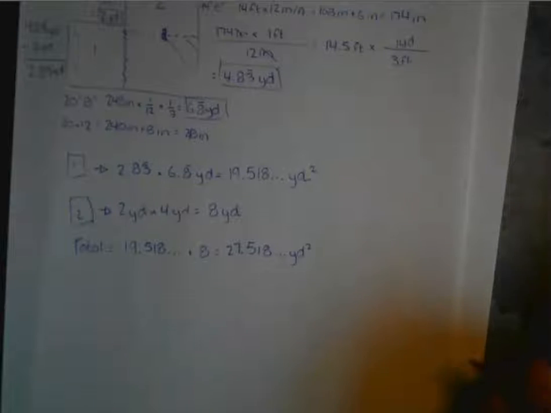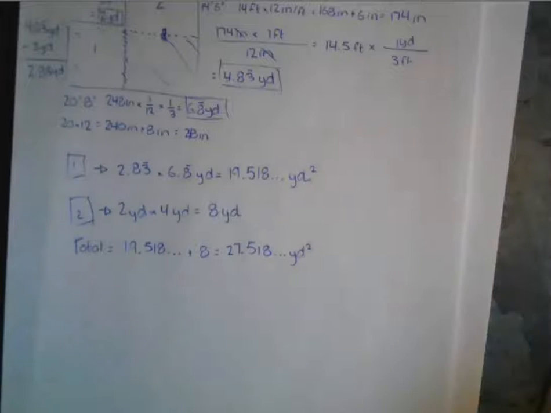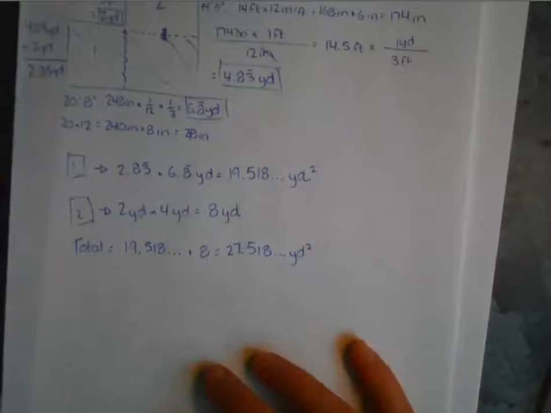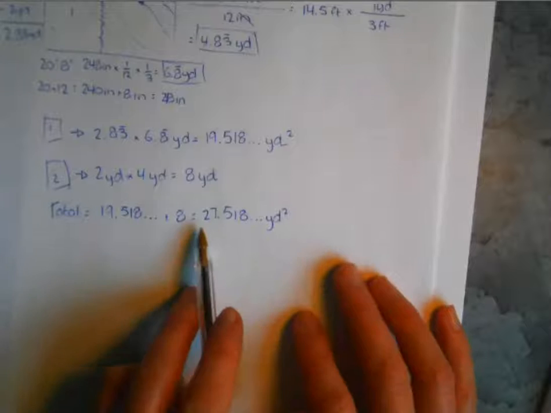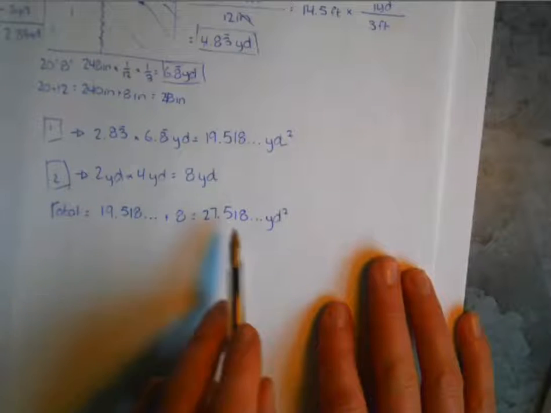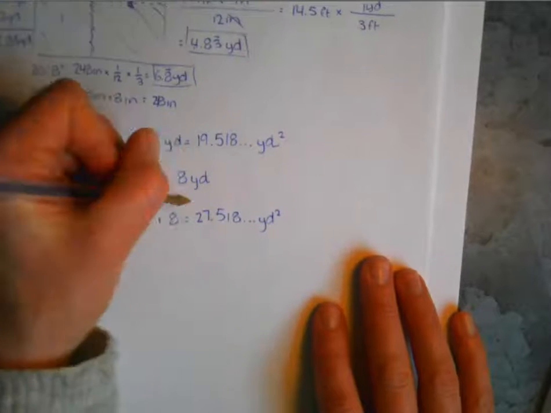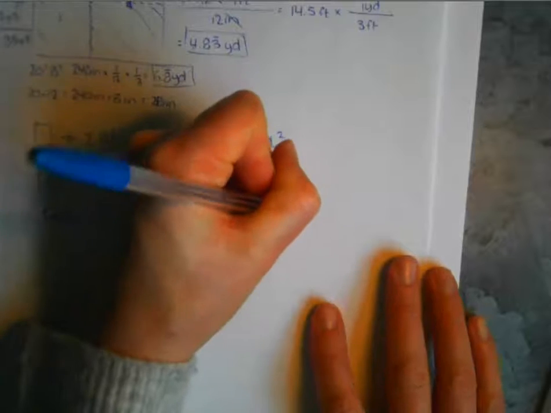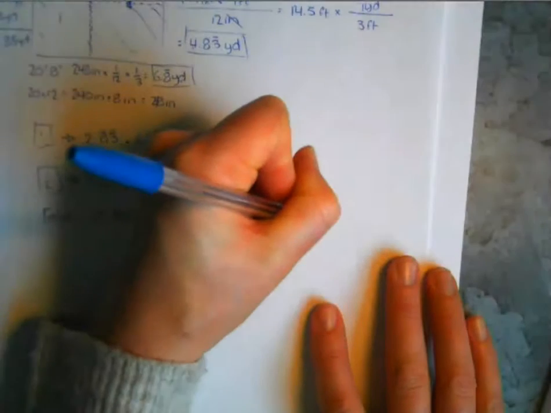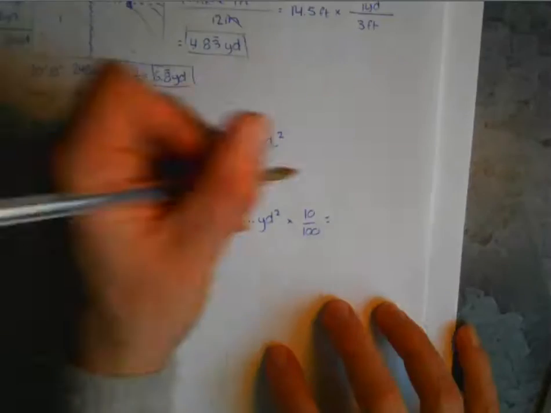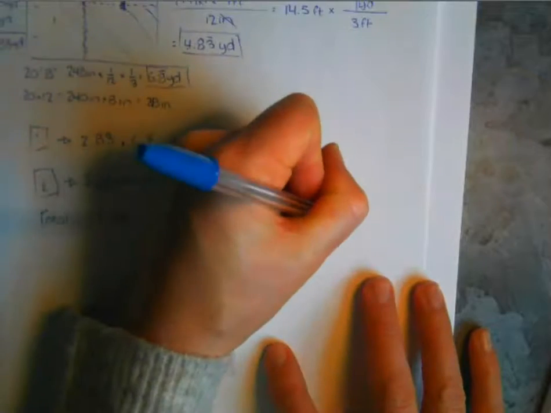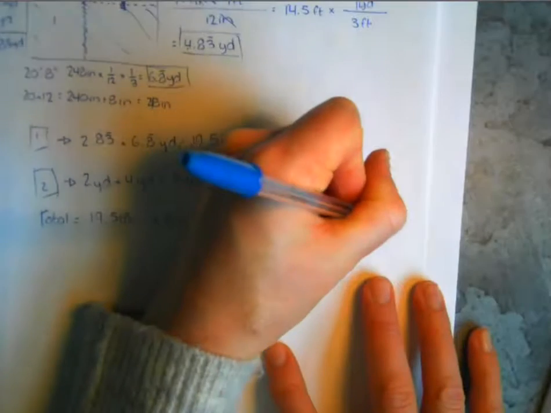Now, remember that in the question they did say that she has to order about 10% extra. So if we want to find out the total amount that she has to buy, if this is her total area, we need to add 10% to that. So first, let's find 10%, so times 10 over 100, or 0.1, which is going to give us 2.751, whatever.